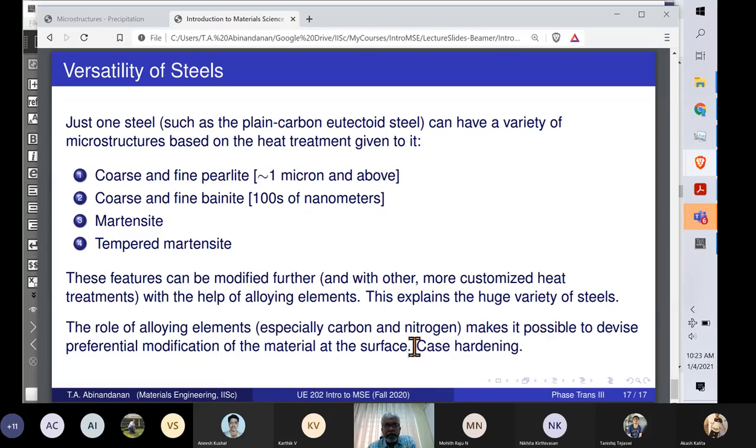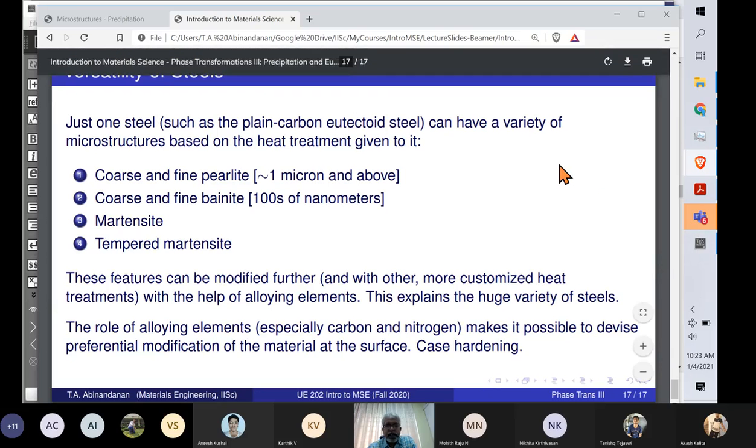And the best example use case for this sort of materials is gears in automobiles. So I'll send you links for some of these things. Those who are interested, you can look at them.